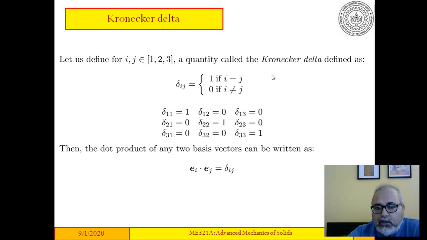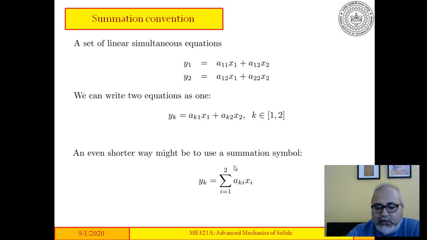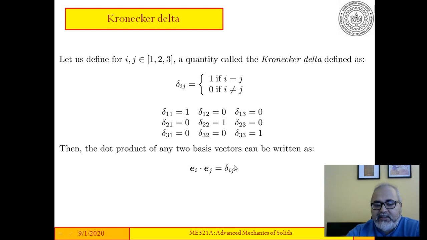Now, immediately we see that the Kronecker delta has one use: if I take any two basis vectors, I can write their dot product as delta ij. So if I take ei dot ej, I can write it as delta ij, because that is how the definition is. If i and j are the same, the left hand side is equal to 1.